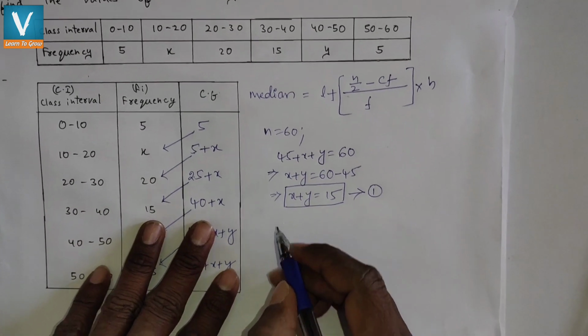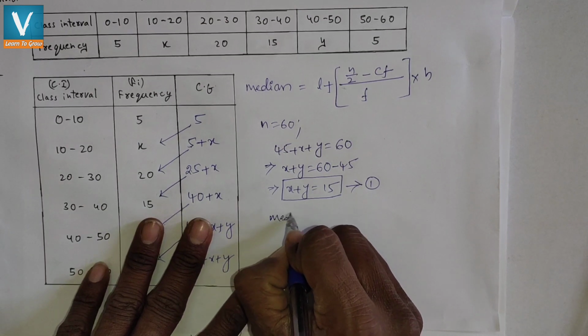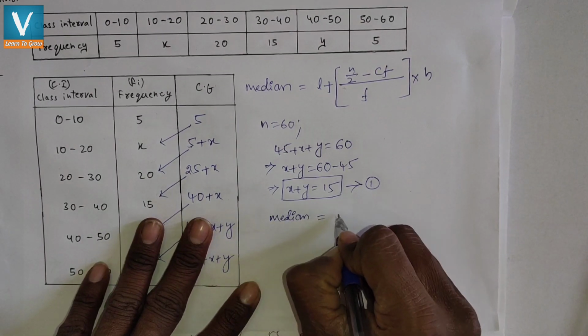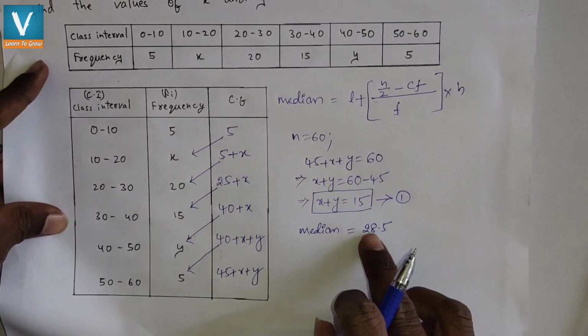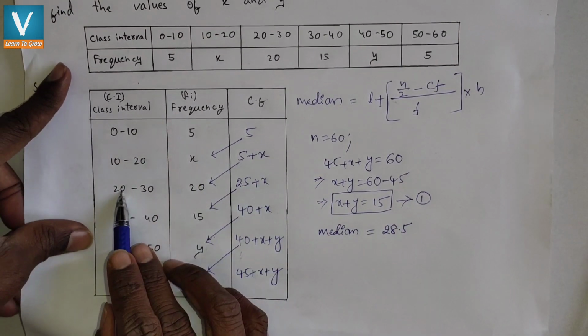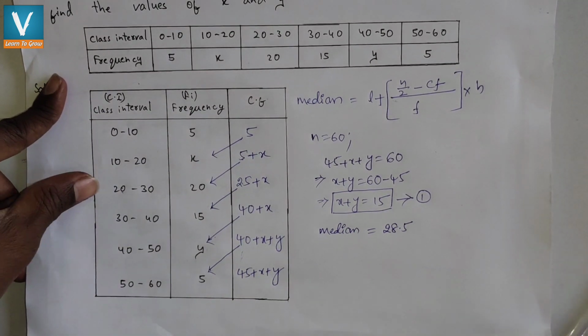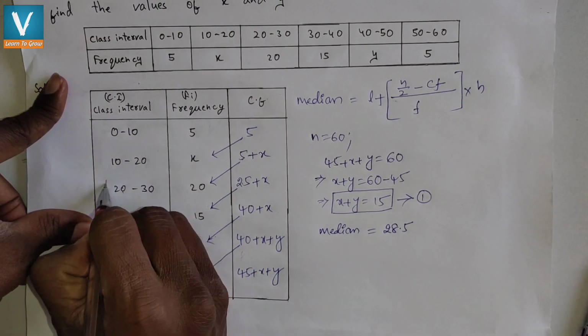Now in the question the median is given as 28.5. Now come to the class intervals: where does 28.5 lie? Yes, between 20 and 30.